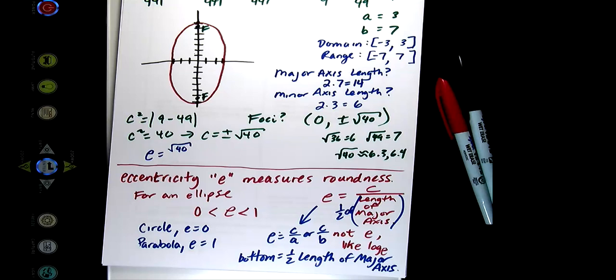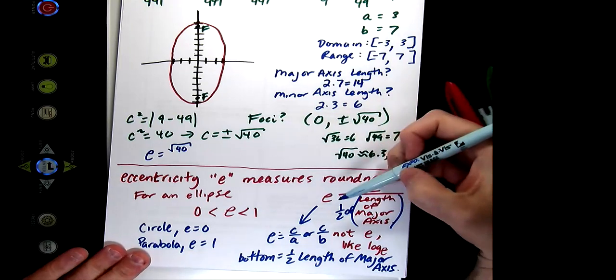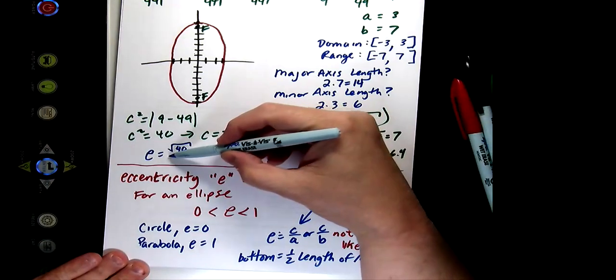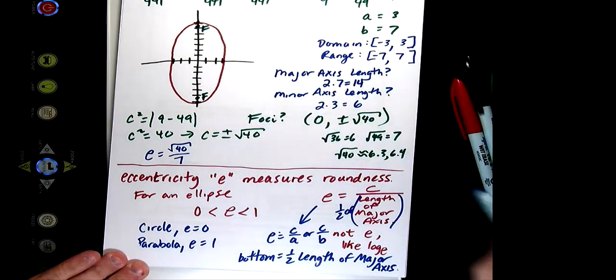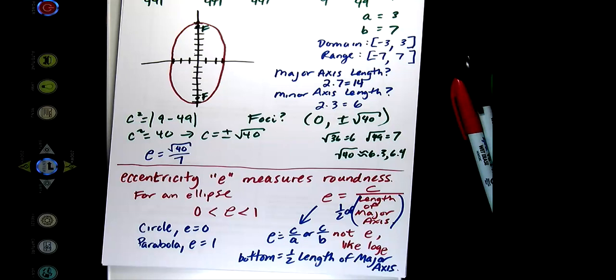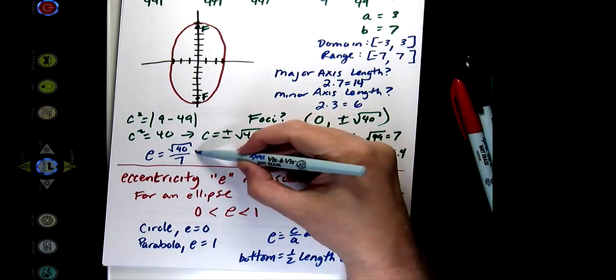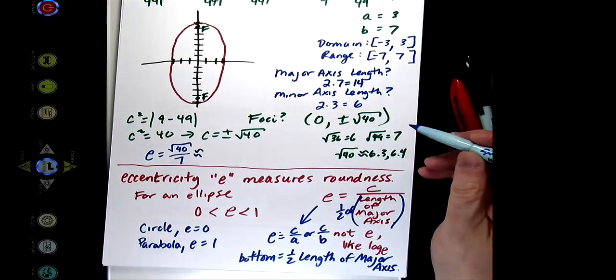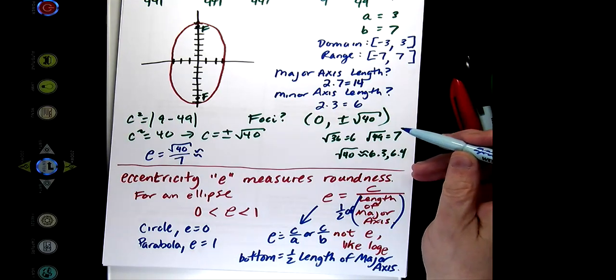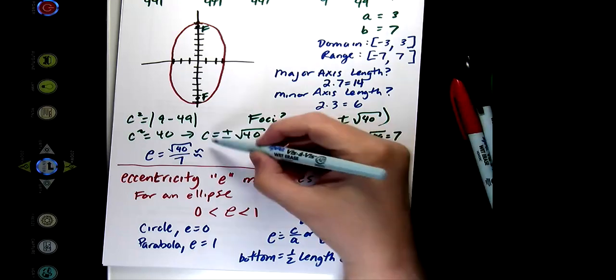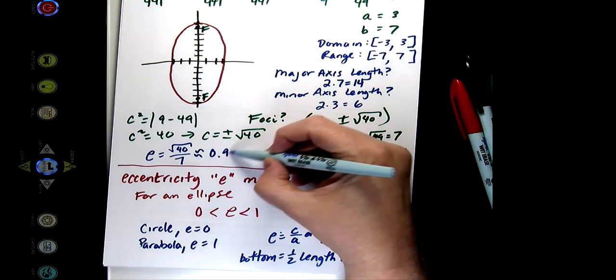So yes, here B is the larger one, so we will put that over 7. You got a calculator, what is that? Let's go to 3 decimals. 0.90.